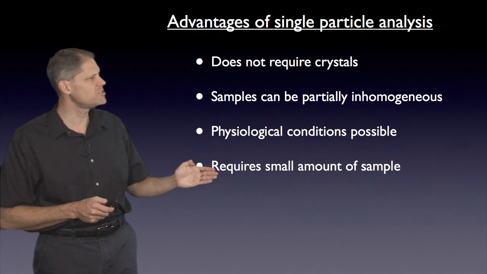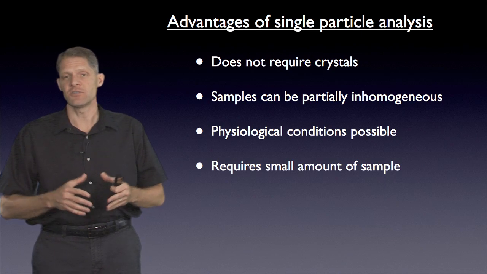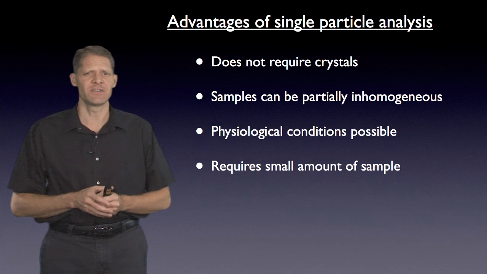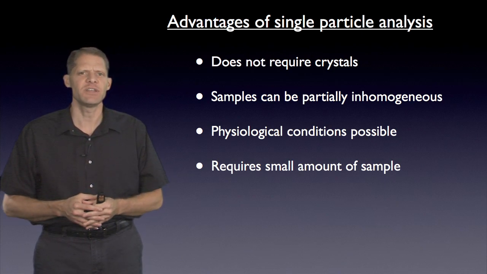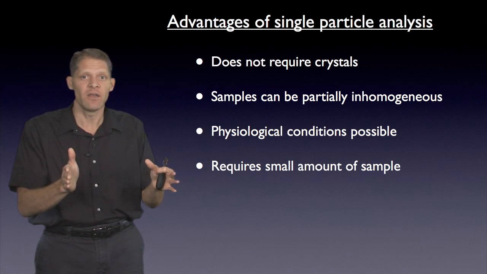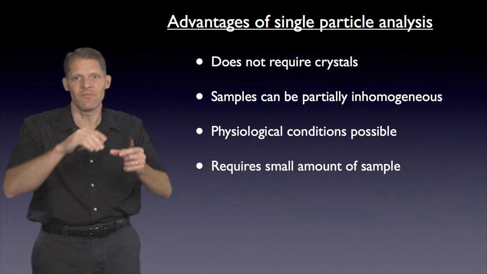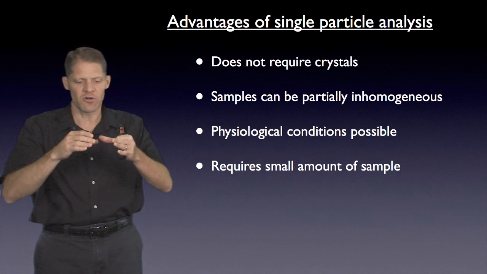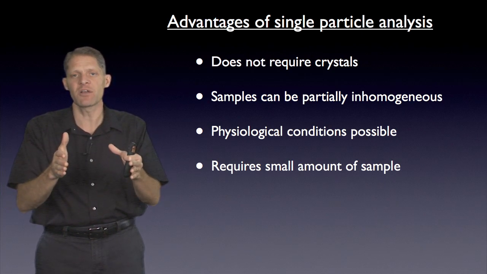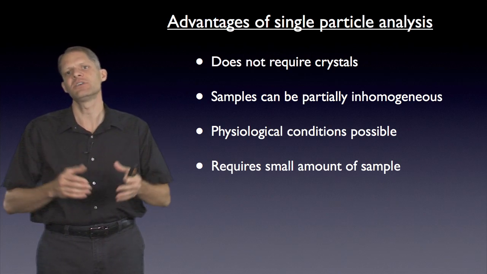The next is that it requires just a small amount of the sample. So if you can purify your particle to say 1 mg per mL, theoretically, you'd only need a couple microliters of that purified concentrated sample to apply to one EM grid. And then if the plunge freezing worked well and you stuck that into a microscope, you may only need a 10,000th of the surface area of that grid in order to record enough images, say 10 or 50,000 images of your particle, to produce a reconstruction with enough resolution to build an atomic model.